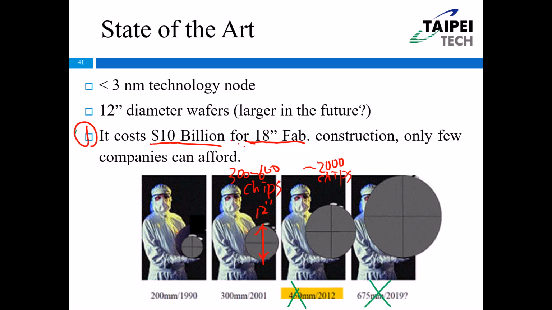Samsung, Intel, TSMC, or only them can afford to build another very large company. But even though TSMC says, I want to do that, the facility is not ready. The processing tool is not ready. You don't have any processing tool for 18-inch silicon wafer.